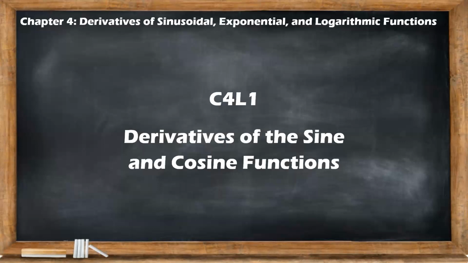From today on, we're going to have a look at the derivatives of some other elementary functions, for example, the sine and cosine functions, exponential functions, and logarithmic functions. Today it's our very first lesson of chapter 4. We're going to have a look at the derivatives of the sine and cosine functions.